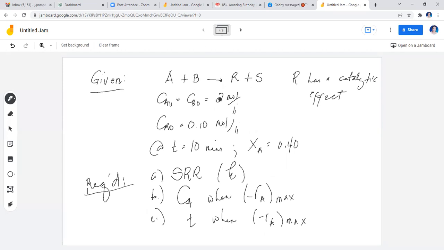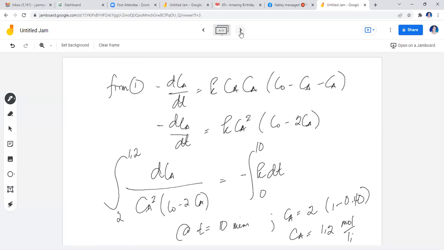So you have a 2, and a 0.1. So we'll place it in here. CO is CaO plus CbO plus CrO, which is 2 plus 2 plus 0.1. So that would be 4.1 for your CO.